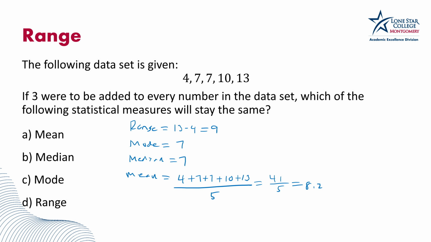Now, the question says, what if you were to add 3 to every number in the data set? Which of the following measurements will stay the same? So let me move this down a little bit, just so we have more space. And we know that that gives us 8.2.